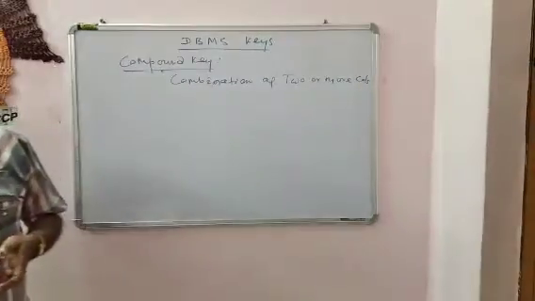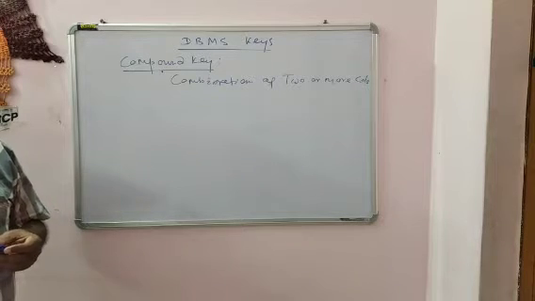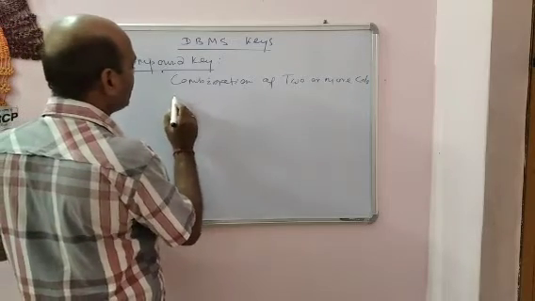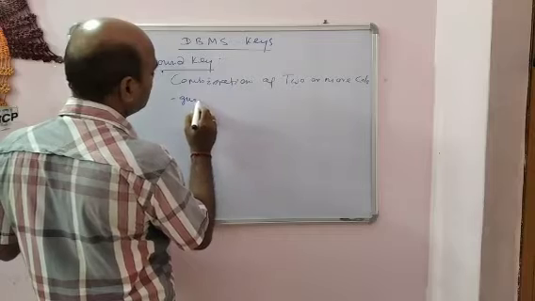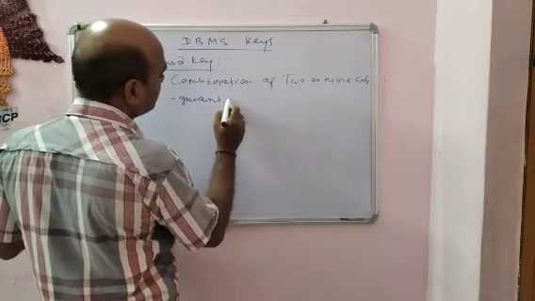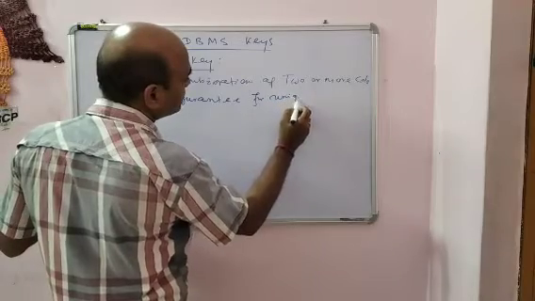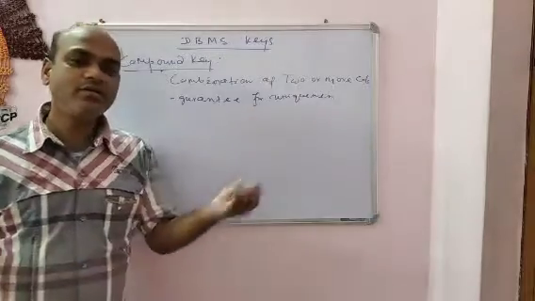The combination of columns guarantees uniqueness, meaning it uniquely identifies the record.